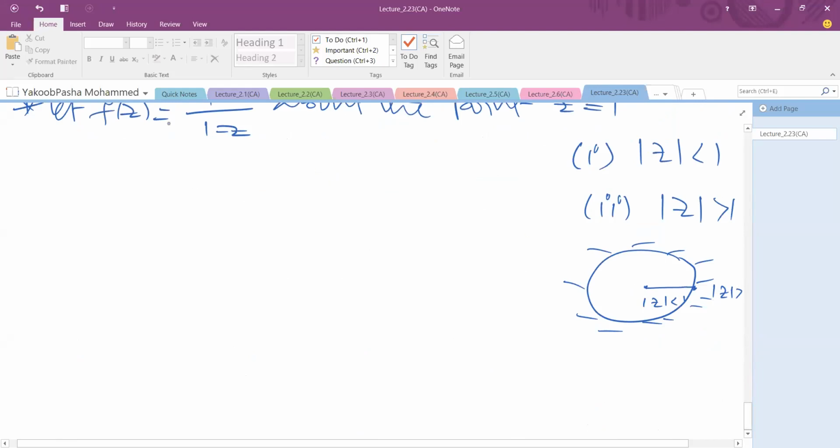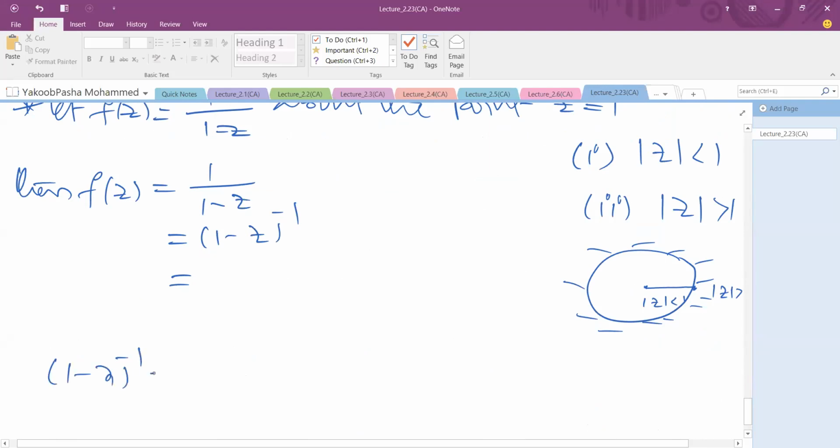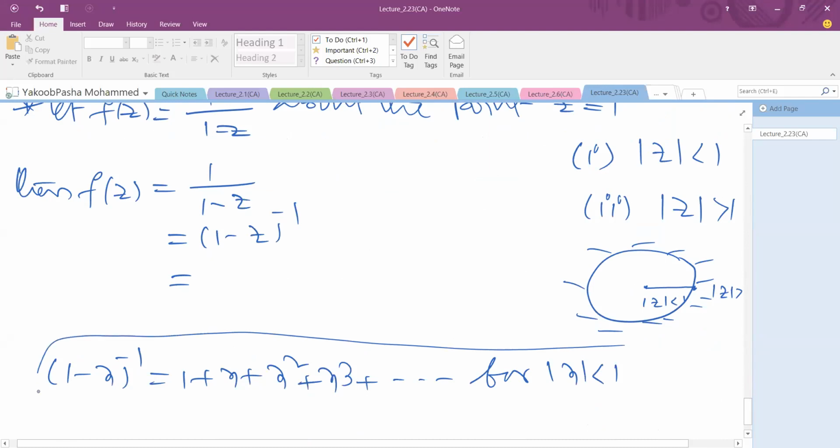We can write f of z is equal to 1 by 1 minus z as 1 minus z whole to the power of minus 1. The expansion of 1 minus x whole to the power of minus 1 is 1 plus x plus x square plus x cube and so on, valid for modulus of x less than 1.